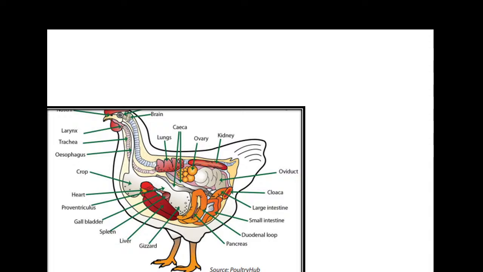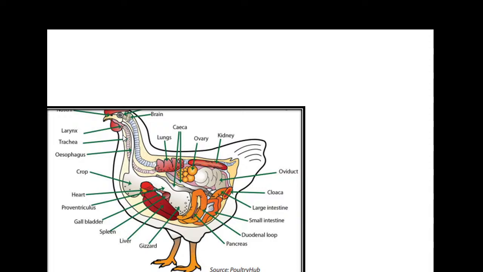And this is a picture which shows the internal body or the visceral organ system of the hen. You can see here the different viscera, meaning body cavity, and each organ system is shown here.